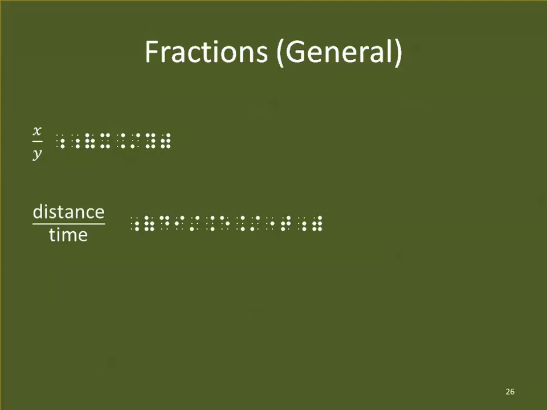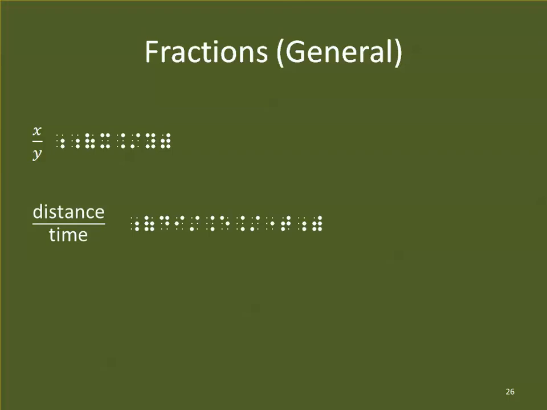So a couple of examples for that. We have an x over y. Those aren't numbers, those are variables. So we need the general fraction indicators and the fraction line. Again, that opening general fraction indicator looks like the contraction for OF, and of course the closing one looks like WITH.